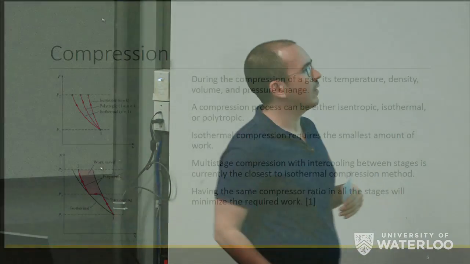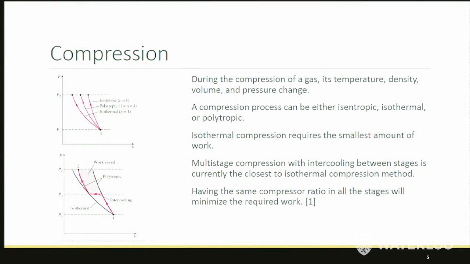But what many industrial processes do to approach an isothermal compression is a multi-stage compression. So with a multi-stage compression, you have one compressor, and after the first compressor, or any compressor, you have a heat exchanger to cool down the air. You cool down the air, and go to the next compressor, and like that.